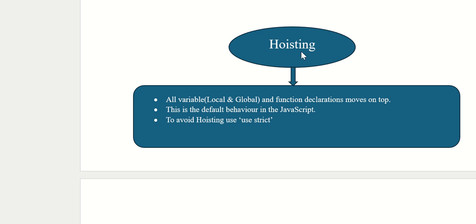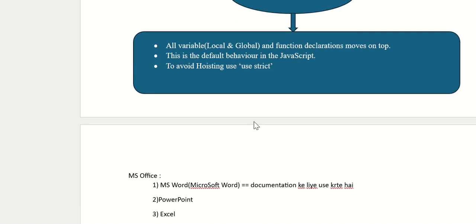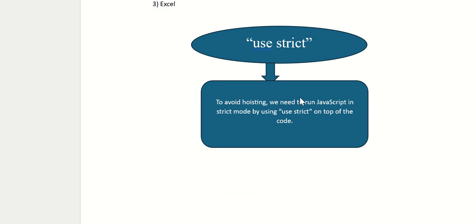This is the default behavior in JavaScript, and to avoid hoisting, use strict mode. In this video we talk about use strict mode, so you understand hoisting and its use case, and with some examples you will get clarity.